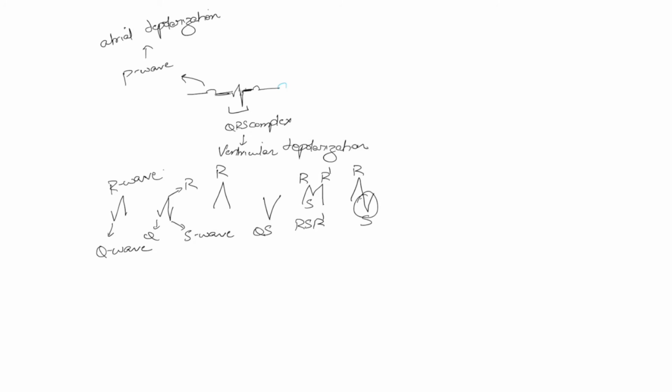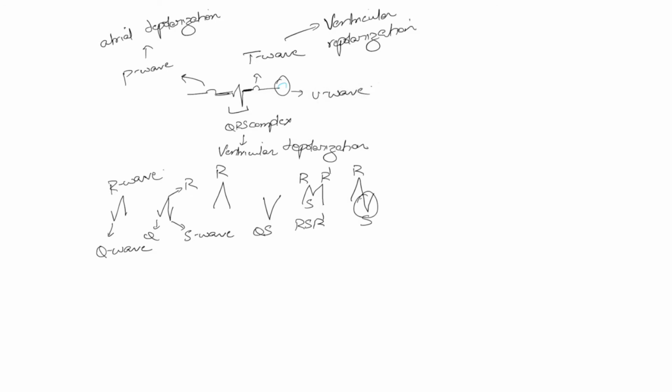And then you would see the flat line again. And after this, you would see another wave. And this wave is the T wave. And this signifies ventricular repolarization. Now, sometimes you may see an additional wave, and that would be called the U wave.